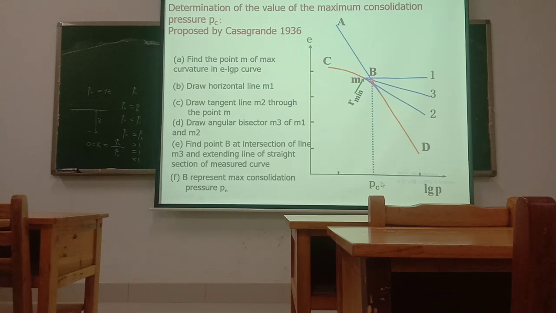Okay. But using this method, maybe the Pc value is not perfectly correct, because we find the point of maximum curvature, but errors will exist when we find the point.